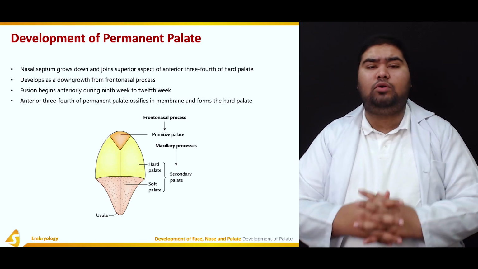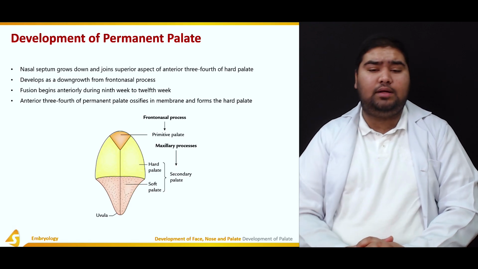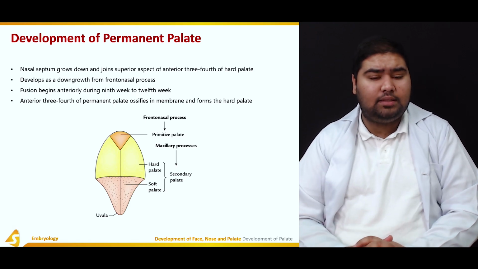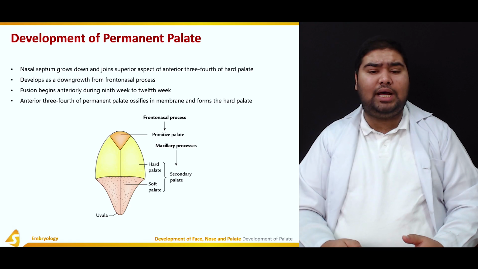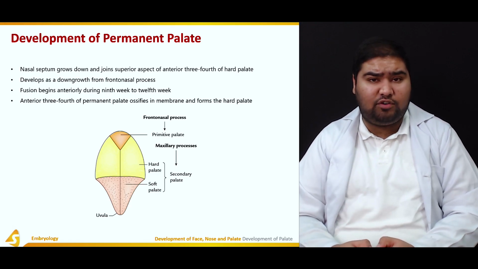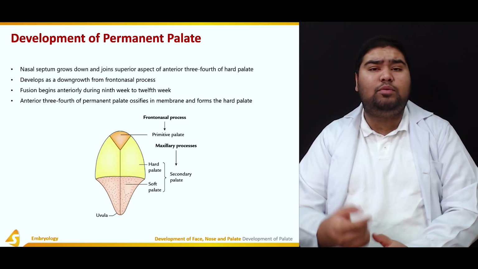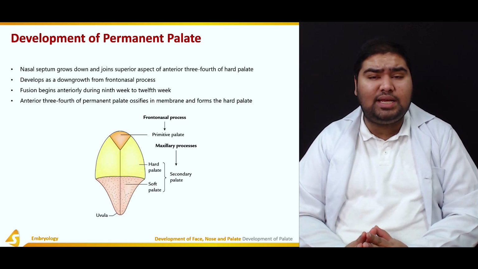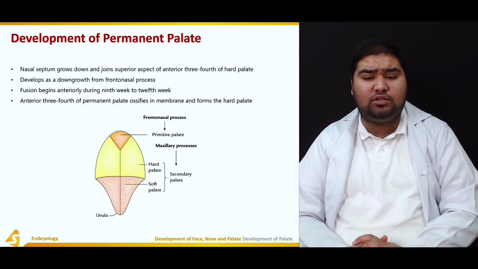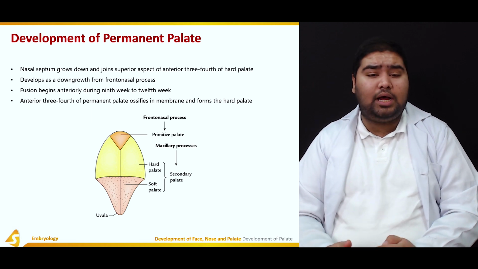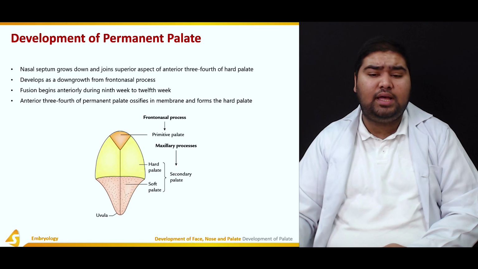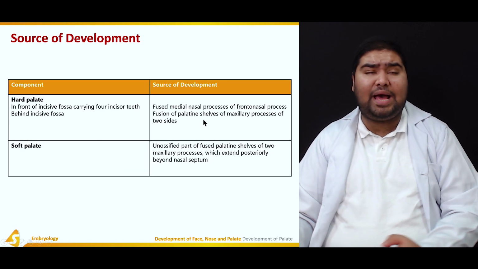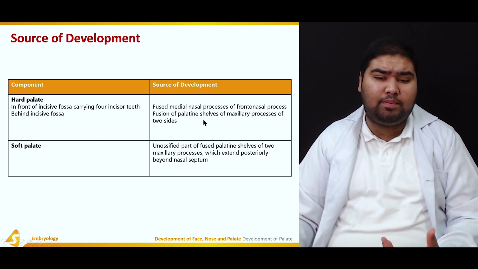Now, to summarize all of it, we have the hard palate, the portion of the hard palate that lies in front of the incisive fossa, that is the primary palate, which carries the 4 incisors. It is formed by the fusion of medial nasal processes of the frontonasal process. Now, behind the incisive fossa, it is formed by the fusion of the palatine shelves of the maxillary processes of the 2 sides.